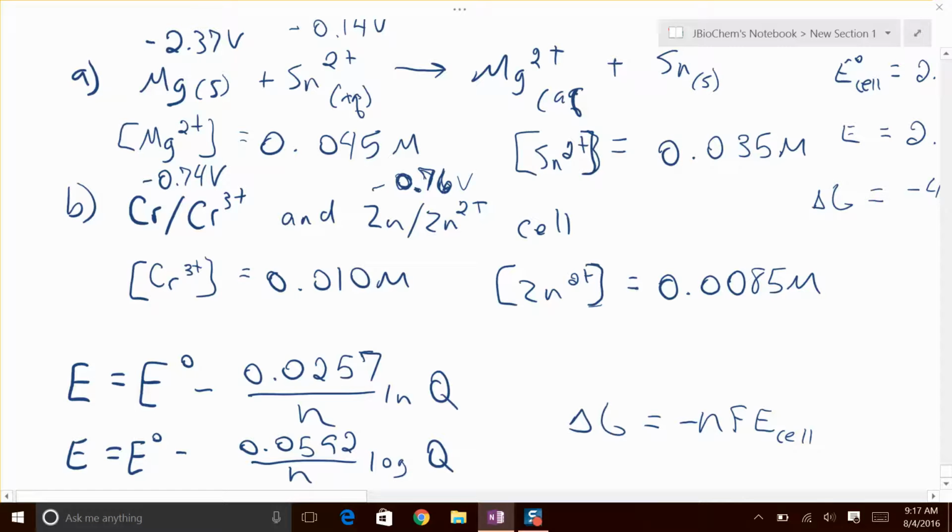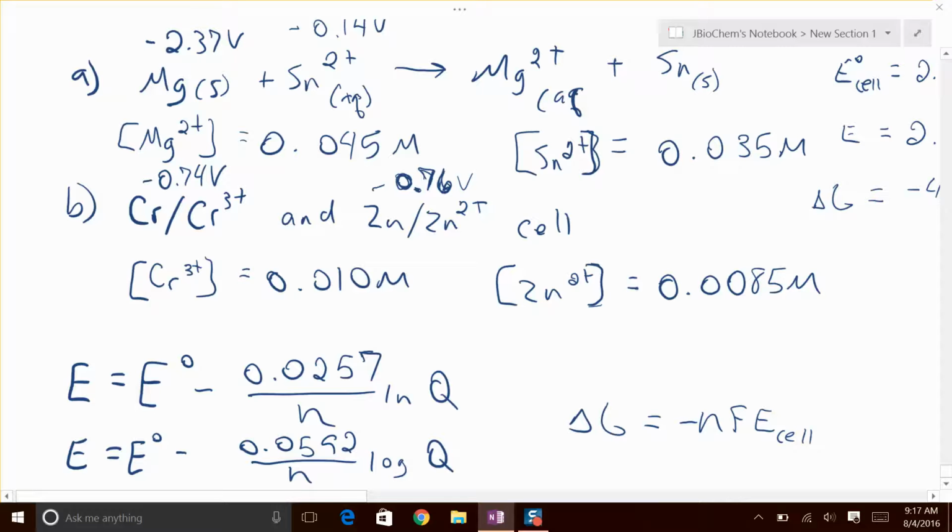Zinc plus Cr3 plus yields zinc 2 plus plus chromium. So you've got to write it out.